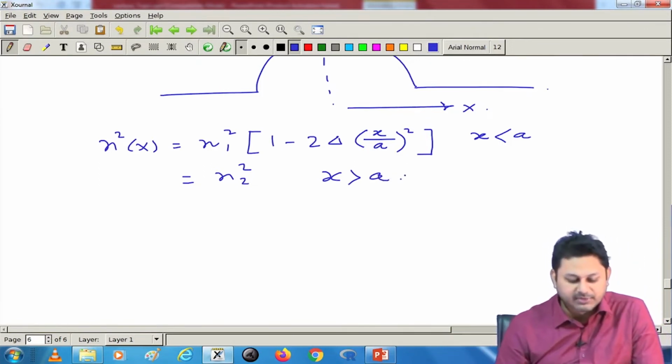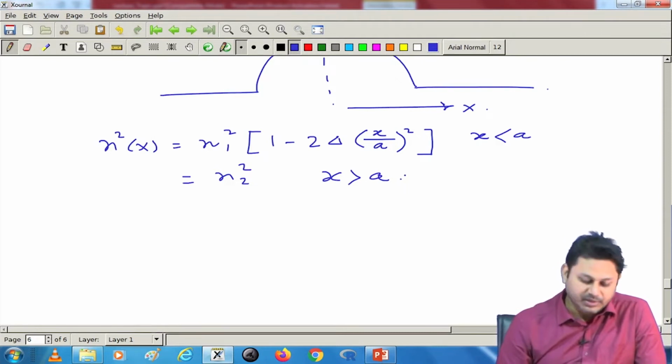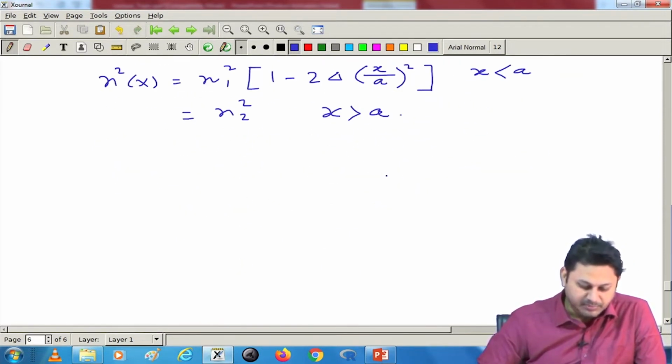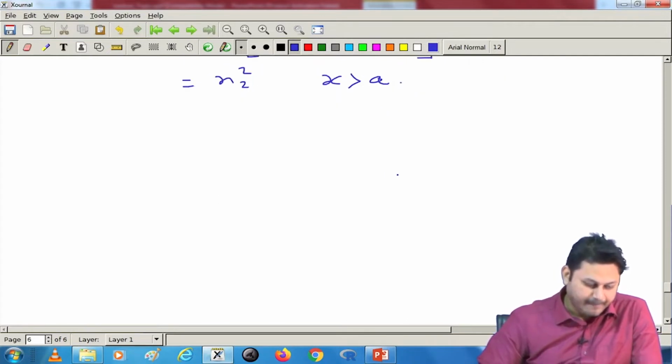That was the mathematical definition of the refractive index profile for this parabolic structure, parabolic refractive index profile.